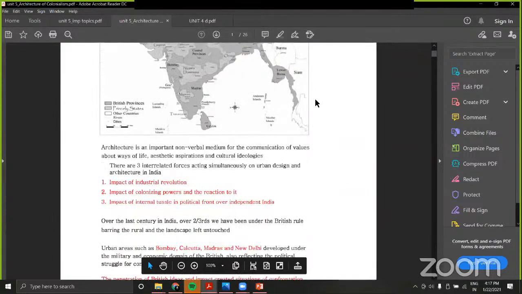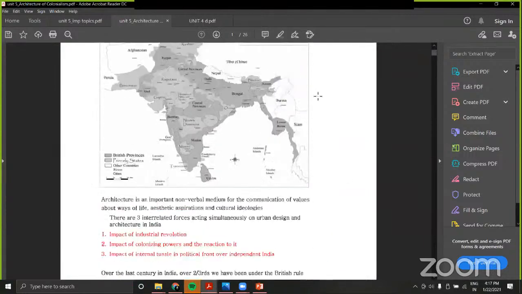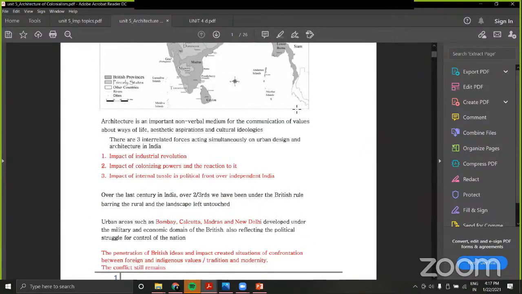In Unit 5, which starts around 1860, we look at the integrated forces acting simultaneously on urban design and architecture in India. That is the impact of the Industrial Revolution, the impact of colonizing powers and the reaction to it, and the impact of internal tussle on the political front over independent India.